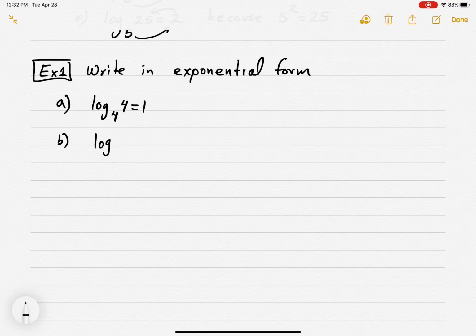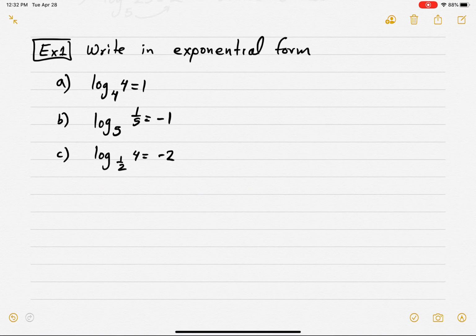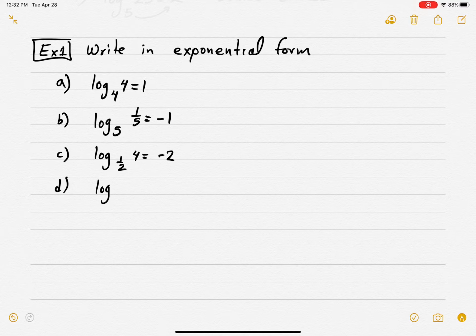The log base 5 of 1/5 equals -1. The log base 1/2 of 4 is -2. And just one more. The log base 12 of 1 is 0.